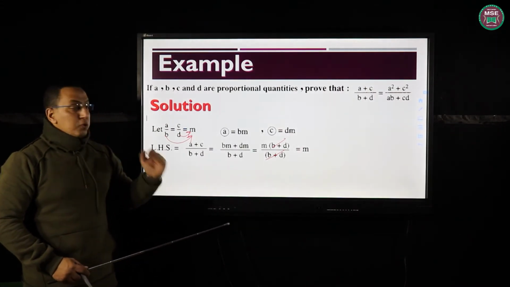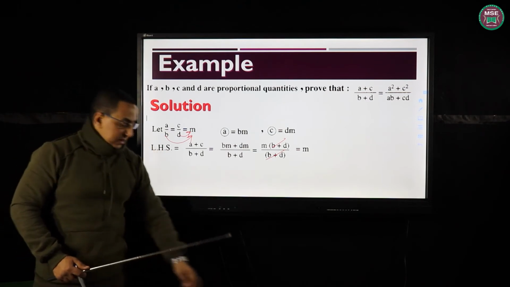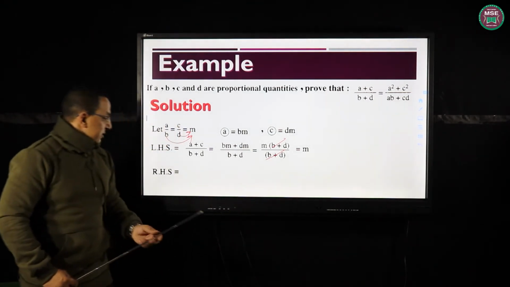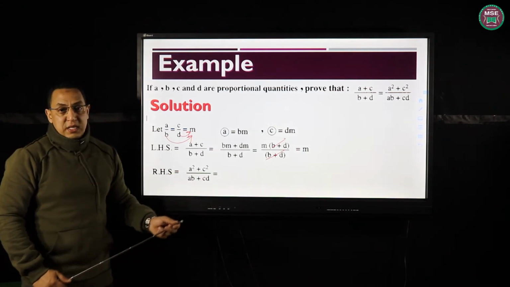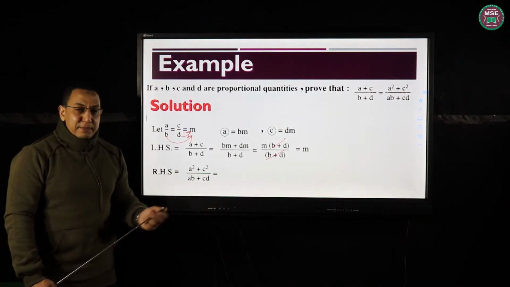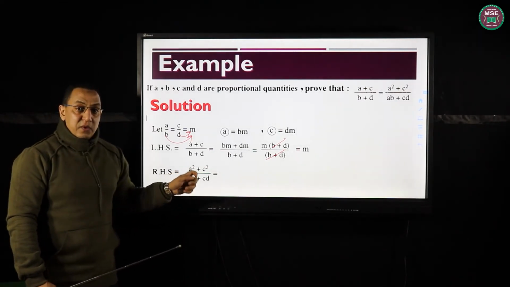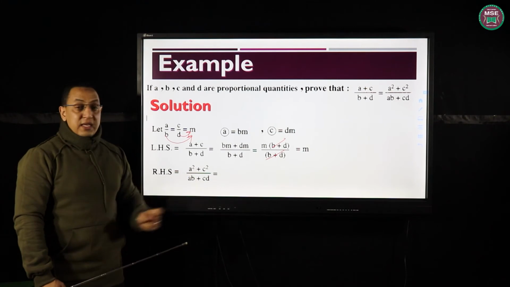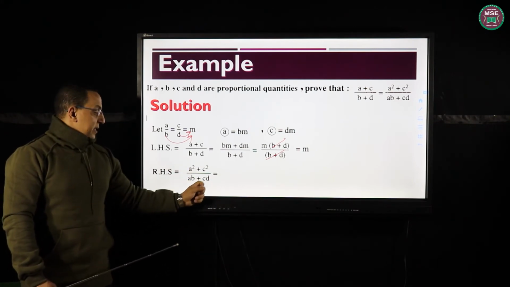Now I'm going to use this property on the right side. On the right side I have a power of 2 plus c power of 2 over ab plus cd. I'm going to replace a with bm and c with dm, and also down below, a with bm and c with dm.